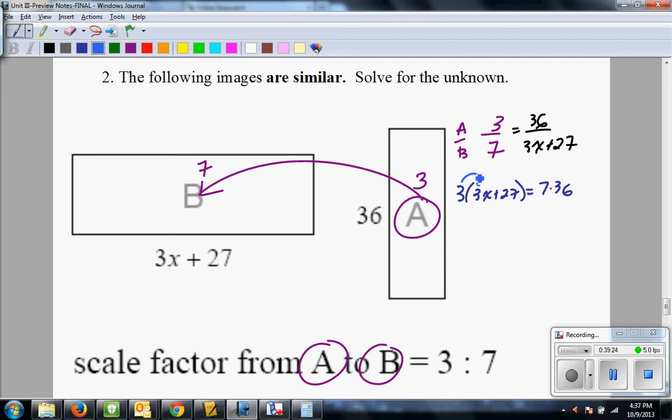I'm going to distribute. This is going to be 9x, and then 3 times 27 is 81. And then I have to do 7 times 36. 6 times 7 is 42, 2, carry the 4, 7 times 3 is 21, plus 4 is 25, so I have 252.